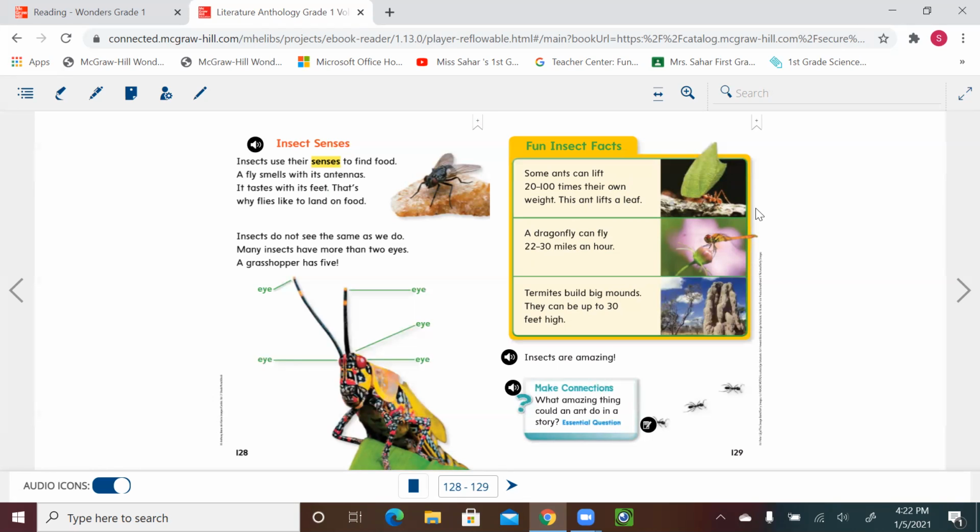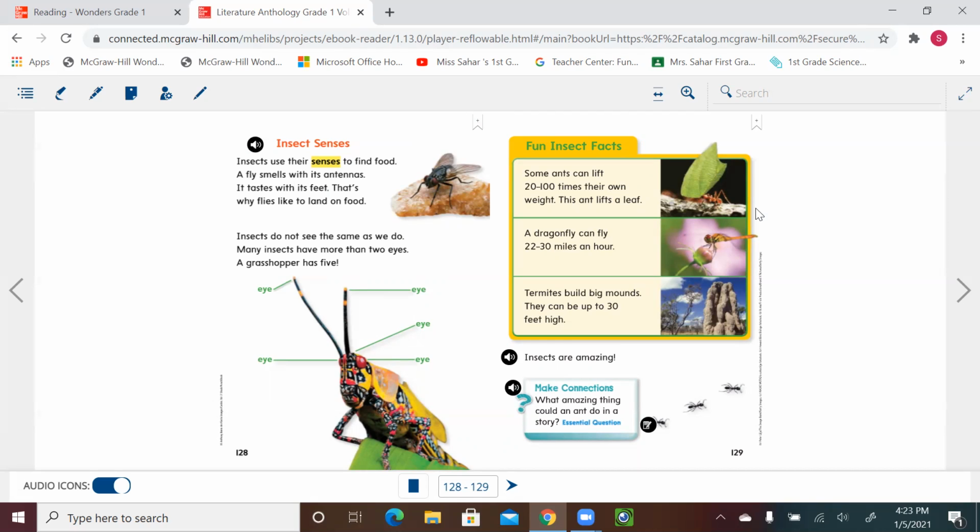So now more information and fun facts about insects overall. We have examples about ants that they can lift 20 to 100 times their own weight. And this ant lifts a leaf. So that means this leaf is from 20 to 100 times heavier than the ant itself. And we have the dragonfly. The dragonfly can fly 22 to 30 miles an hour.